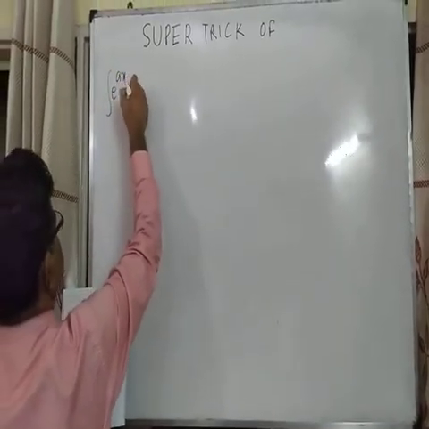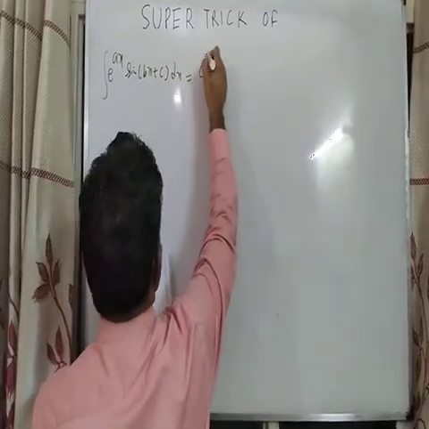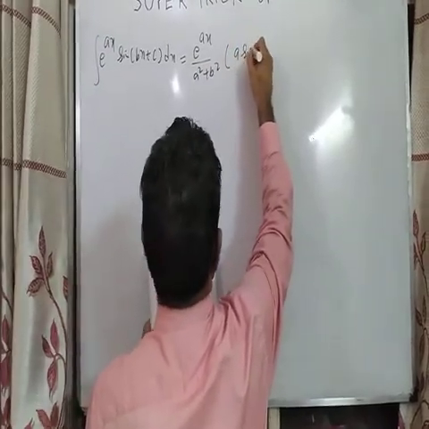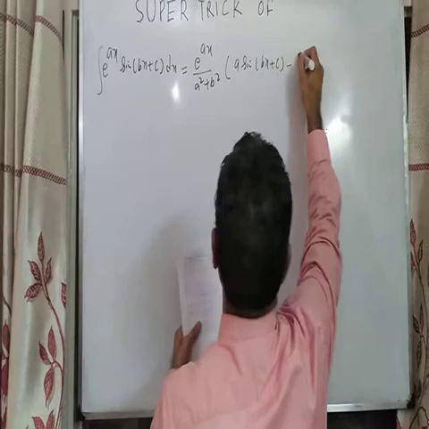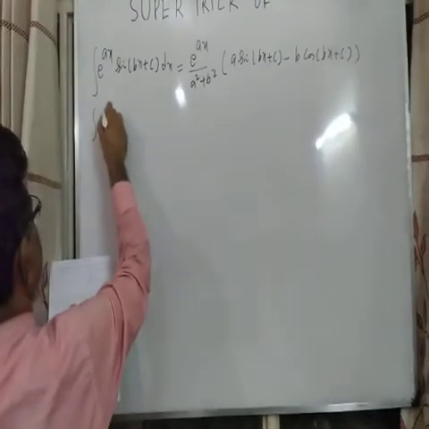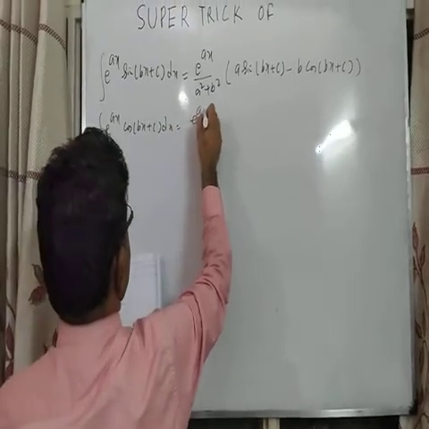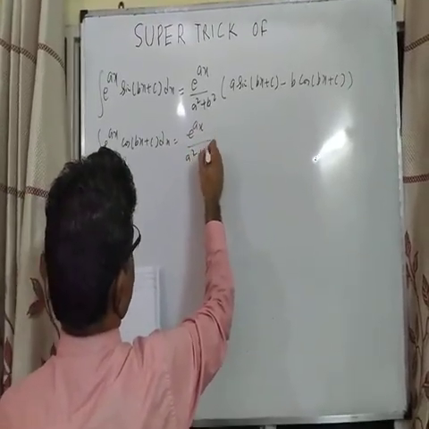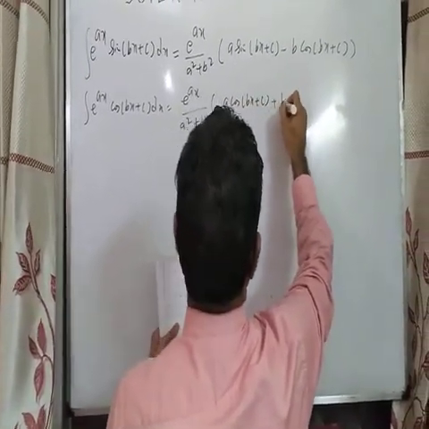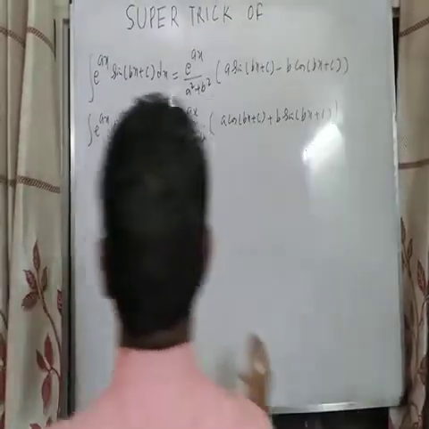The integral of e to the power ax sin(bx plus c) dx is equal to e to the power ax upon a square plus b square into a sin(bx plus c) minus b cos(bx plus c). Second, the integral of e to the power ax cos(bx plus c) dx is equal to e to the power ax upon a square plus b square into a cos(bx plus c) plus b sin(bx plus c). So we are going to use it as a formula.